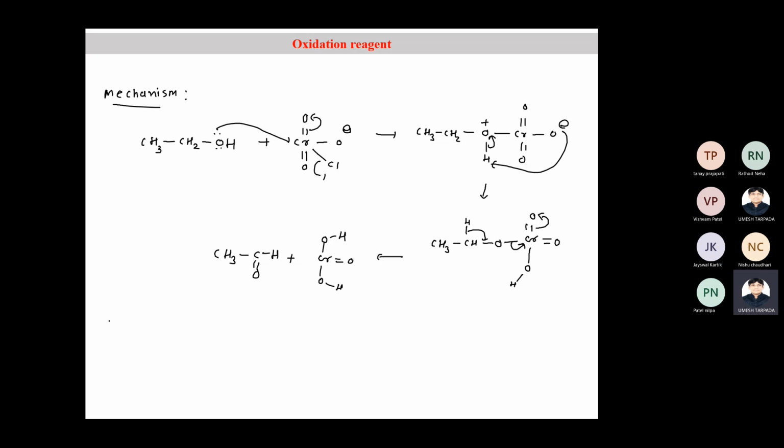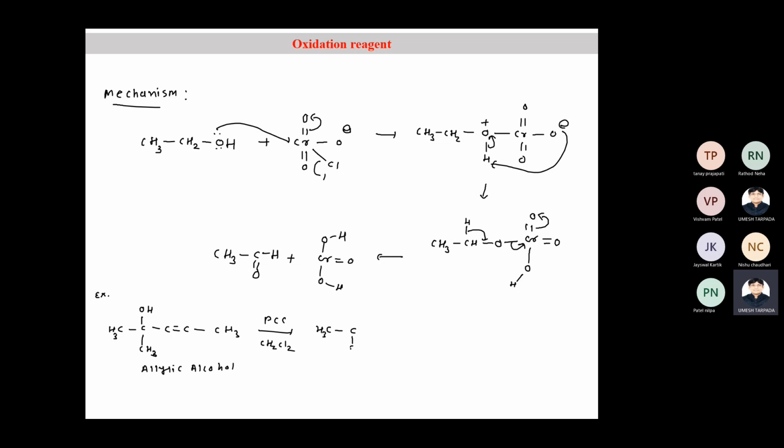But in the case of allyl alcohol, what happens? So this is an allylic double bond. This is allyl alcohol. So if you use PCC, then reaction takes place here.